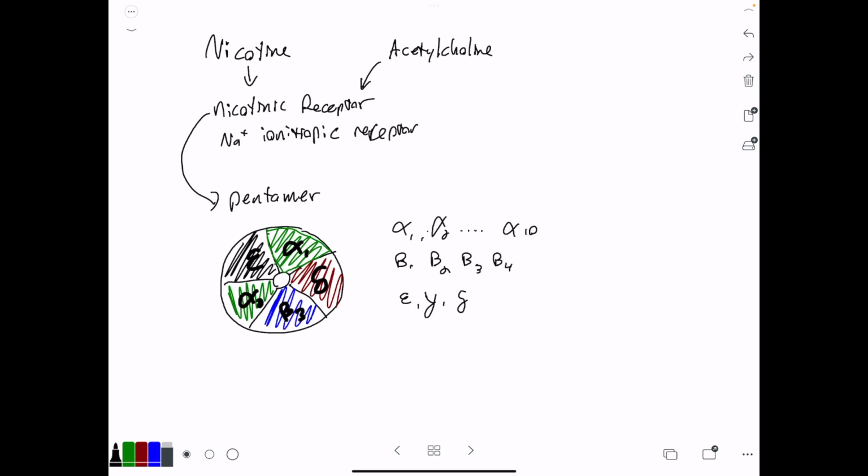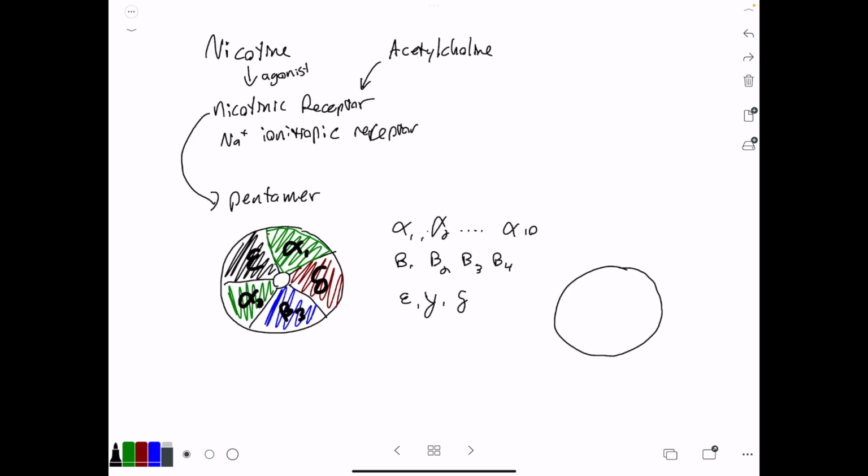But nicotine is an agonist, right? So I'll write that here. It's an agonist for nicotinic receptors. So that means it activates it for a very specific type of nicotinic receptor.